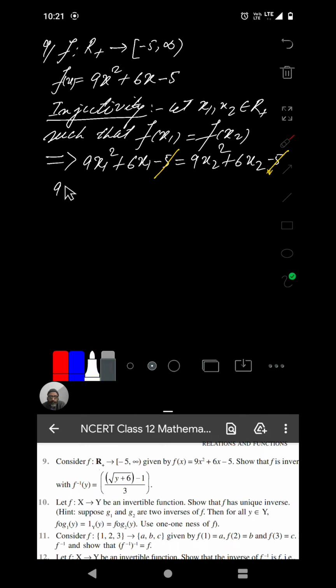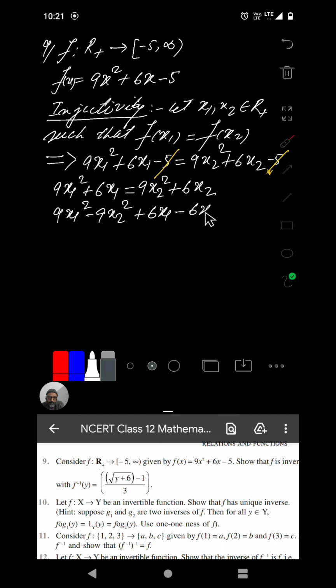We get 9x1 square plus 6x1 is equal to 9x2 square plus 6x2. Transposing all the terms to the left hand side, we have 9x1 square minus 9x2 square plus 6x1 minus 6x2 is equal to 0.